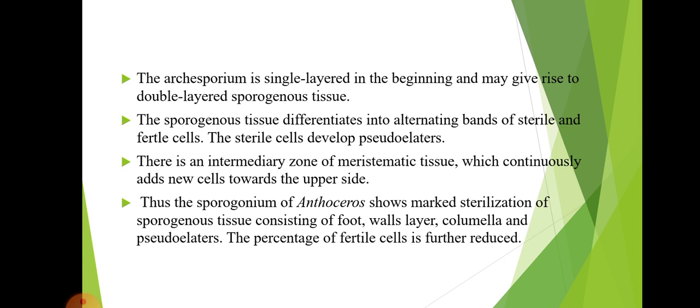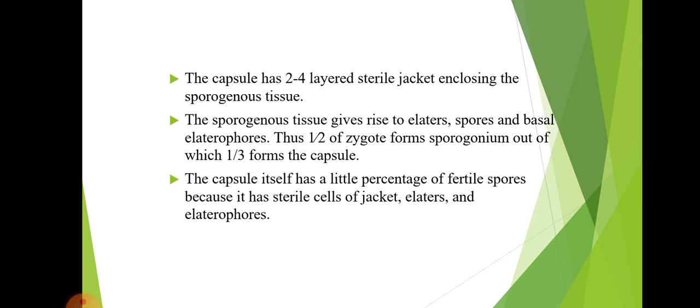The percentage of fertile cells is further reduced. The capsule has a 2 to 4 layered sterile jacket enclosing the sporogenous tissue. The sporogenous tissue gives rise to elaters, spores, and basal elaterophores.